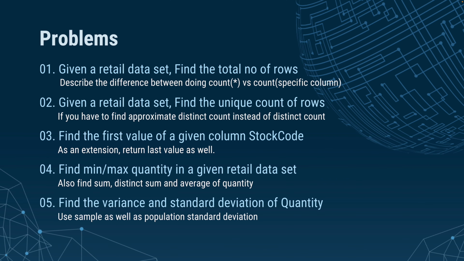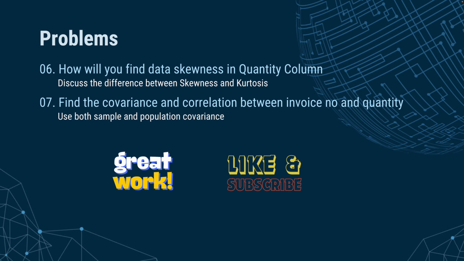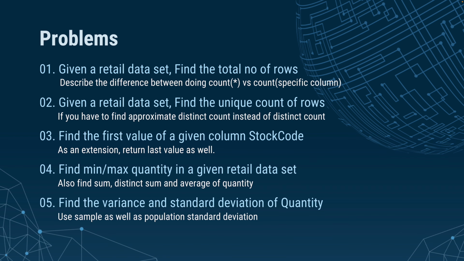So what I have done is I have created 7 problems here, which are very basic problems. You might already know them, but it's very important. If you don't know, you stick till the end in this video, and we will solve them one by one. I have used a retail data set.